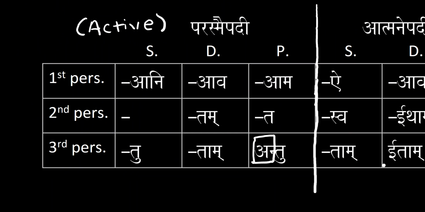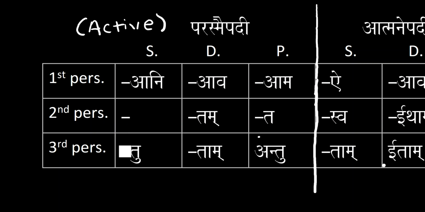And then for second person singular, look, there's nothing here. So what you have to do is you just make your verbal base, add and call it a day. It's as easy as that. And second person dual, you have tam, and second person plural, you have ta. First person singular, dual, and plural, you have ani, av, and ama.